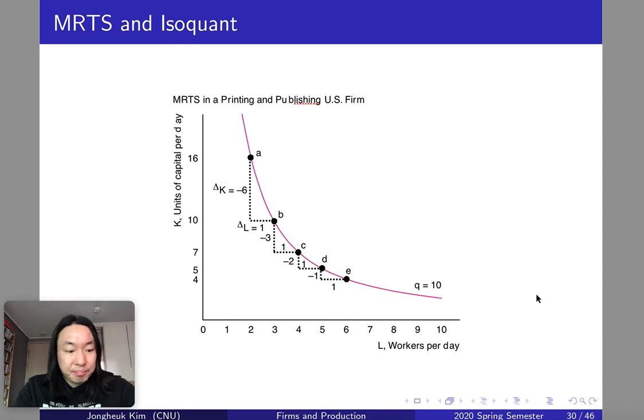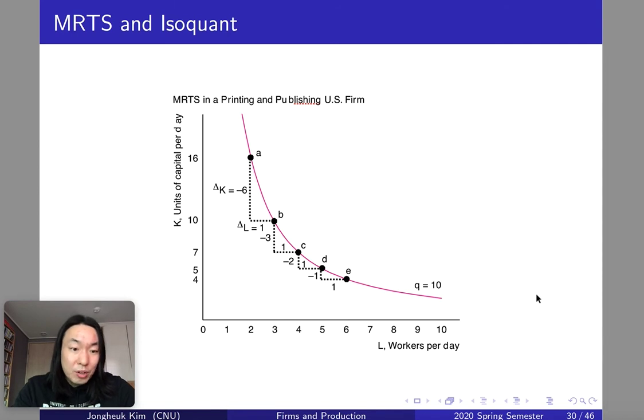The point is that the quantity of output is fixed at 10 in this graph, but the combination of the two inputs, capital and labor, varies. If you increase one input, then the other input will be decreased to maintain the same level of output, which is the definition of MRTS.